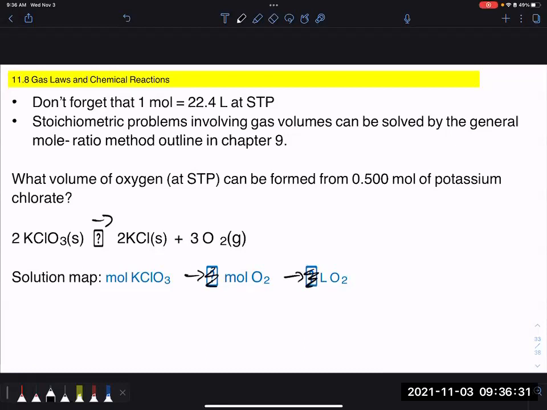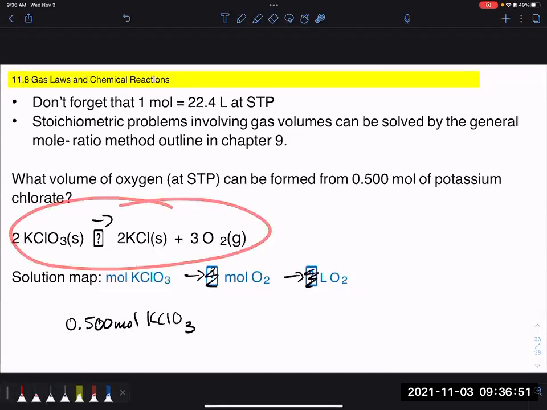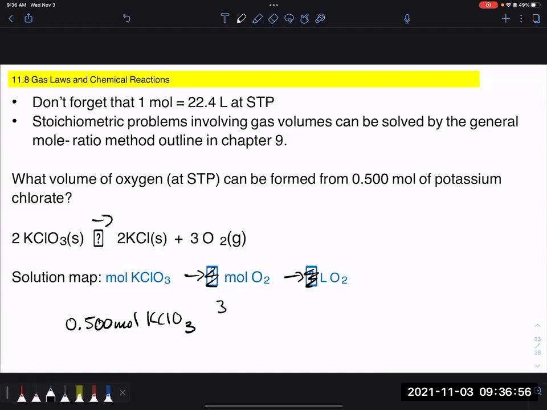So we want to go from moles of potassium chlorate, 0.5 moles KClO3, and we're going to convert that into moles of oxygen using the mole ratio from our balanced chemical equation. So we're going to have 3 moles of oxygen for every 2 moles KClO3.